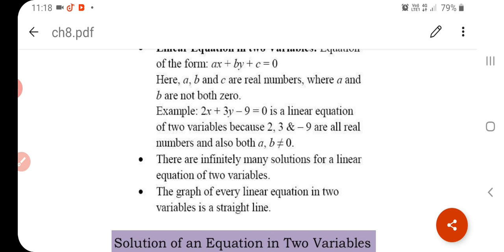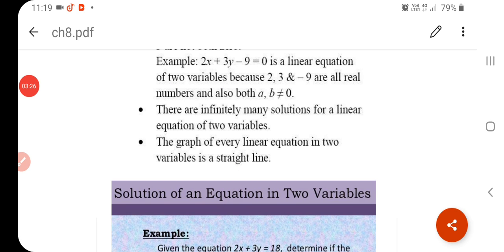Understand? And in this chapter we have learned the solution of a linear equation in two variables, and if the zero of the equation is given, then you find the value of the variables.